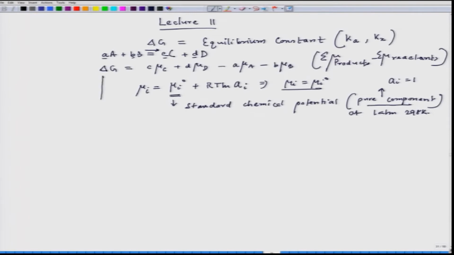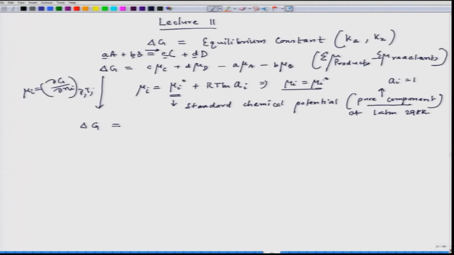Now, we can break this and write accordingly delta G, which is the free energy change of the system for this particular reaction. And since we are considering it in terms of chemical potential, and at the same time chemical potential is nothing but delta G by delta Ni at constant pressure, constant temperature, and all the components are kept fixed except the ith component.